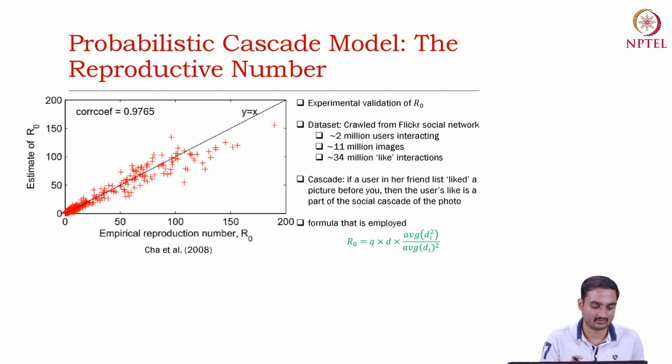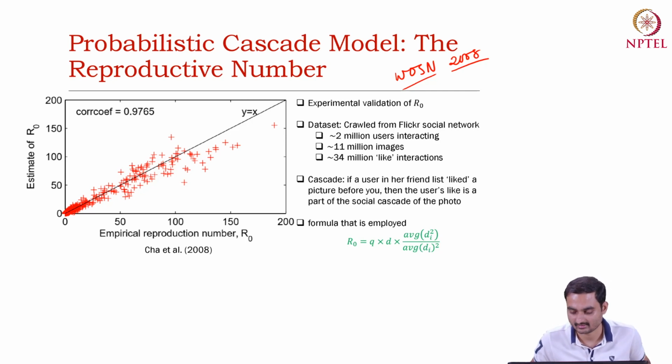that was published in the ACM WSDM conference, Washington, in 2008, which looked at how images spread on Flickr. Flickr is a famous online media site to upload photos, right. How photos spread on social media, and can we come up with a reproductive number for this kind of photo sharing behavior?